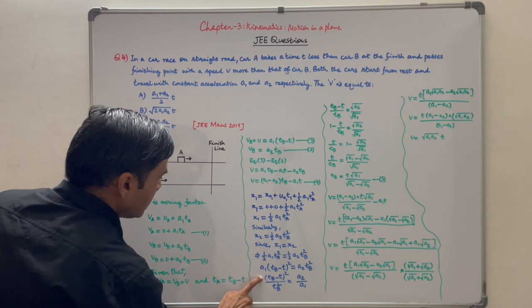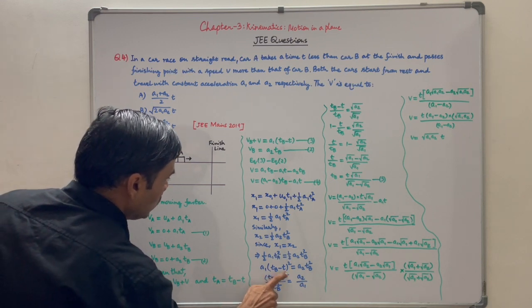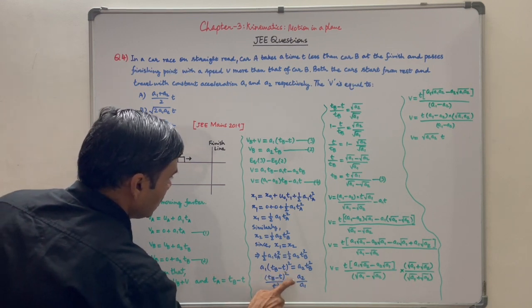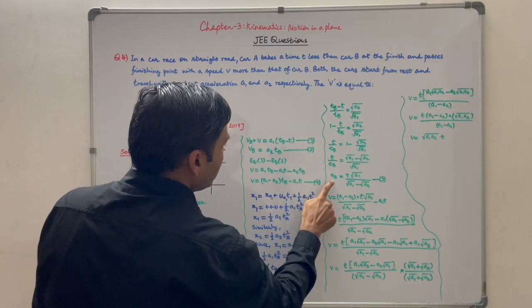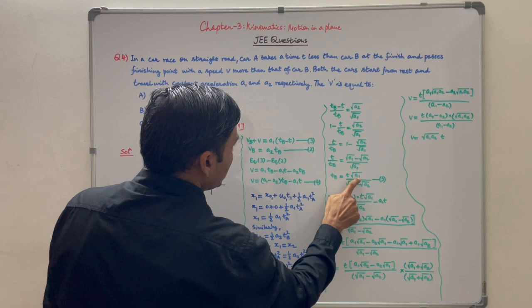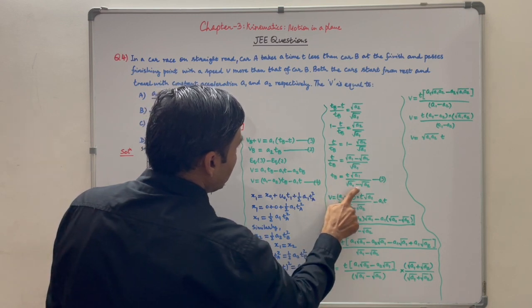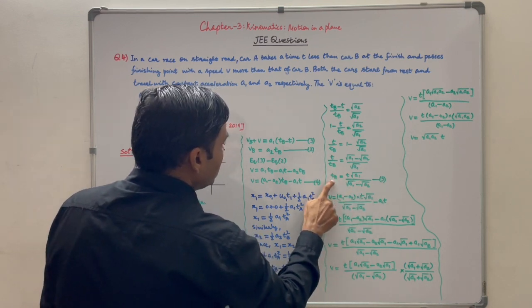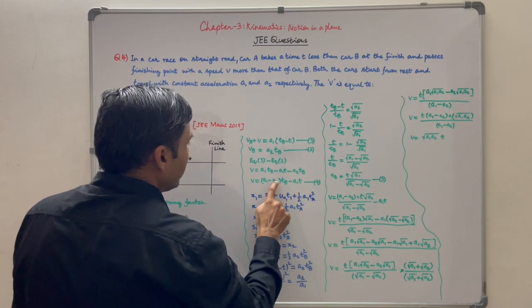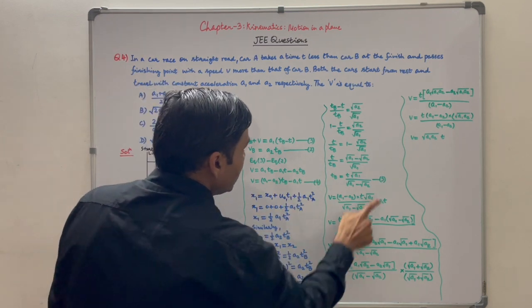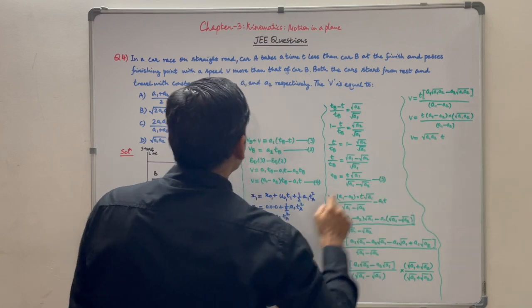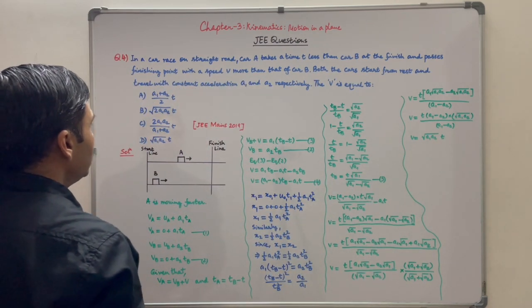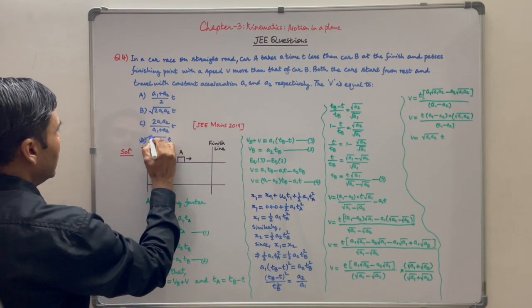So we get this equation, tb minus t whole square upon tb square is equal to a2 upon a1. So we get the value of tb as t under root a1 upon under root a1 minus under root a2. Put this value of tb here. So we get v as under root a1 a2 into t. So the correct option is option D.